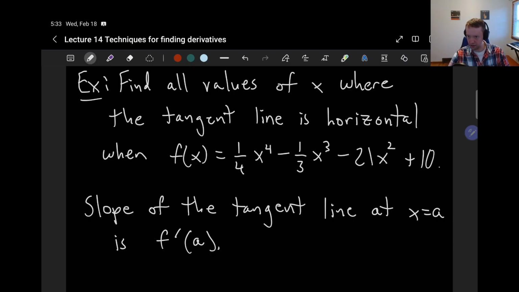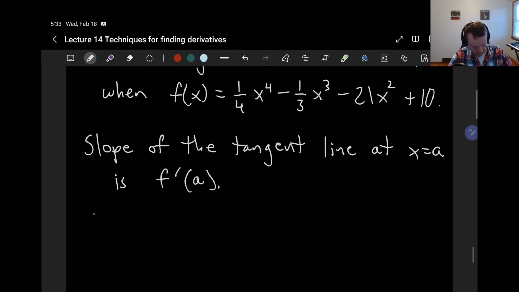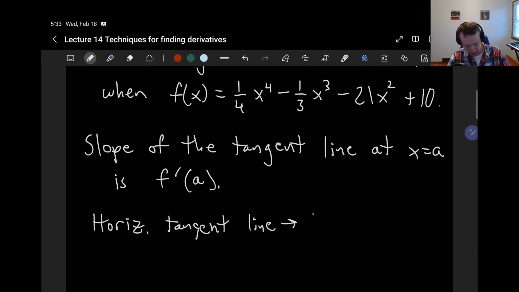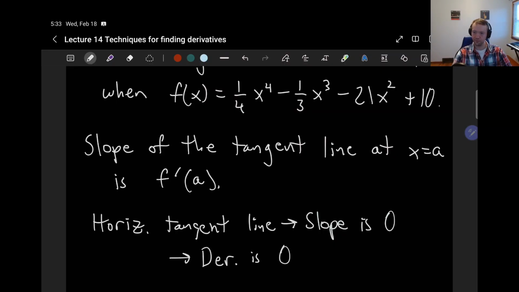This means we want to find where the derivative is 0, because a horizontal tangent line means the slope of the tangent line is 0, which means that the derivative is 0, because the derivative is the same thing as the slope of the tangent line.